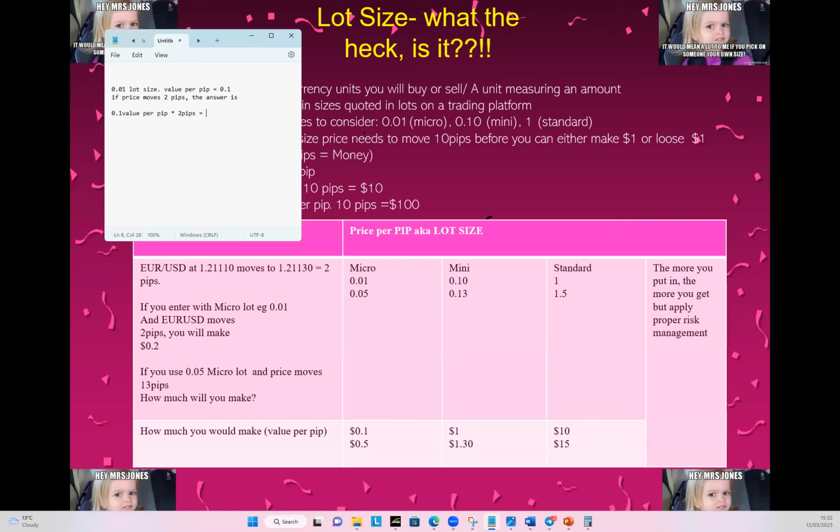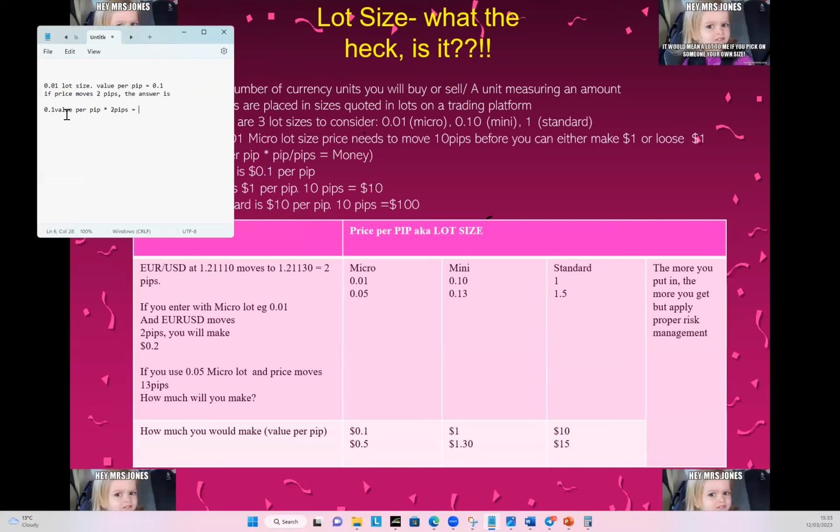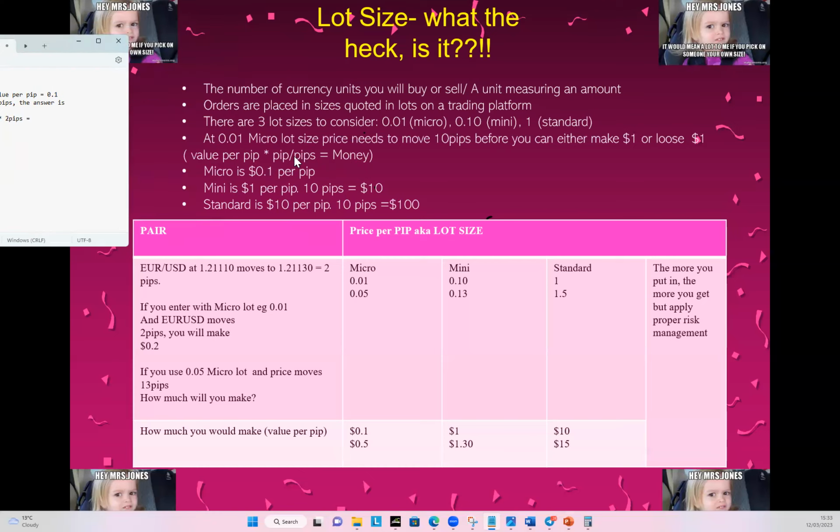You can just use the formula, it's just easier. The formula is value per pip times the number of pips. In this example, we're using 0.05 lot size.